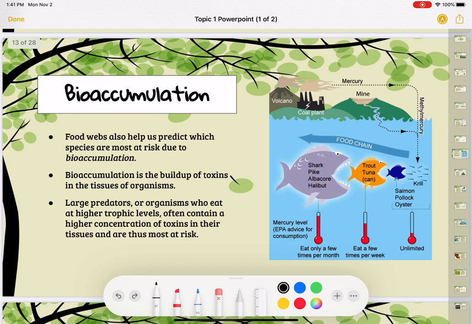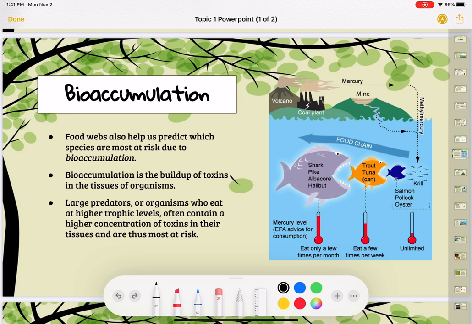An example of how food webs could go wrong is that they can predict which species are most at risk for bioaccumulation. Bioaccumulation is the buildup of toxins in the tissues of organisms. Large predators or organisms who eat at higher trophic levels often contain a higher concentration of toxins in their tissues and are thus more at risk.